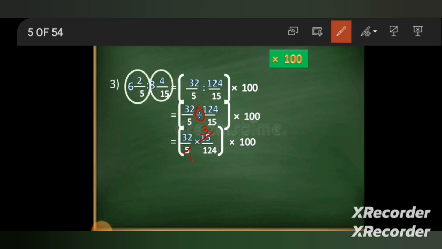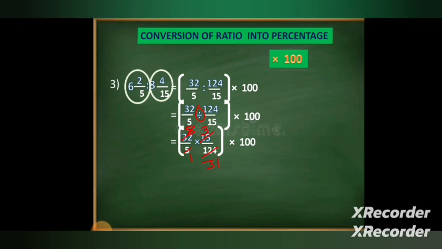So 32, while dividing it by 4, we will get it as 8. And 124 dividing by 4, we will get it as 31. So what will come? 8 3s are 24 upon 31. And of course into 100.